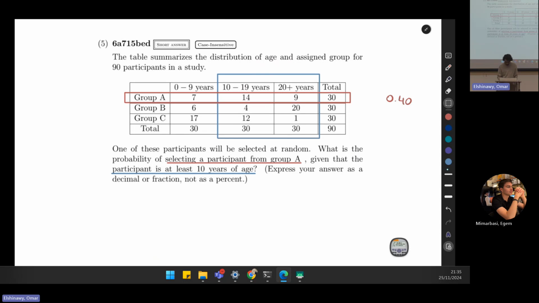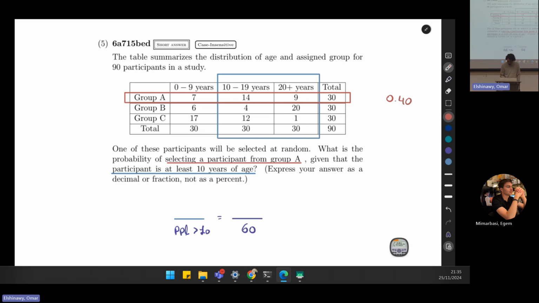So I start with the question, how many people are at least 10 years of age? 60 people. This is clear. Yes.